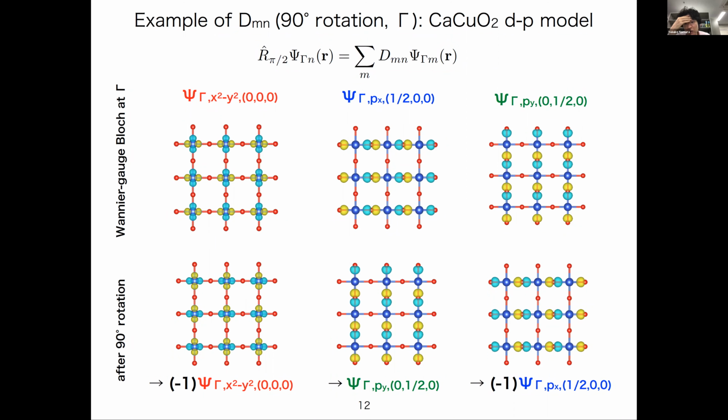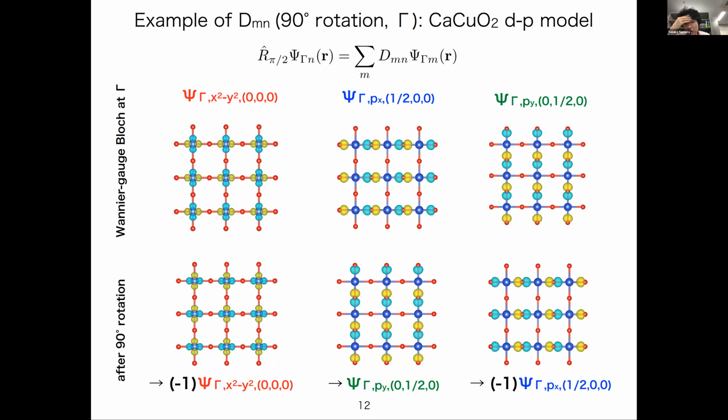Okay. Then the D matrix is written like this. For example, if we apply the 90 degrees rotation to the Wannier gauge gamma point Bloch function, then the x square minus y square orbital gets the minus sign like this.